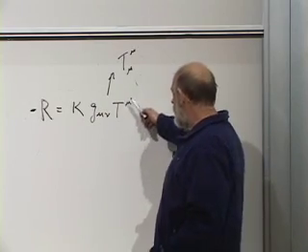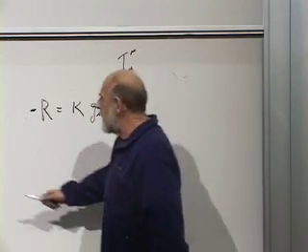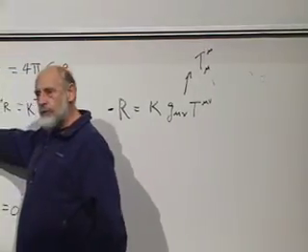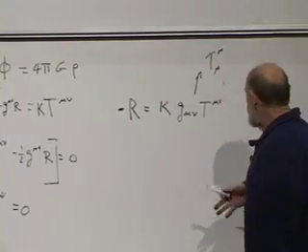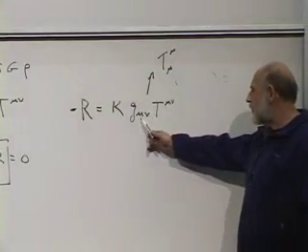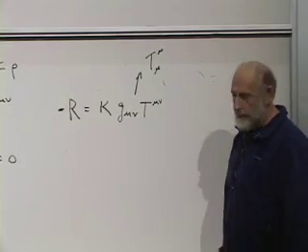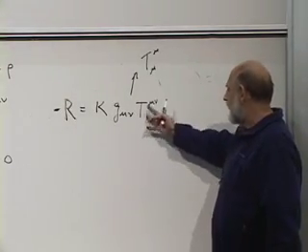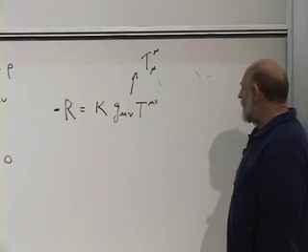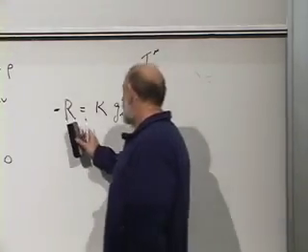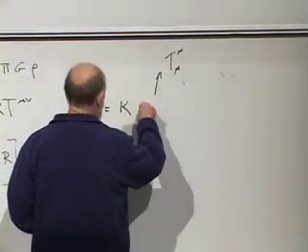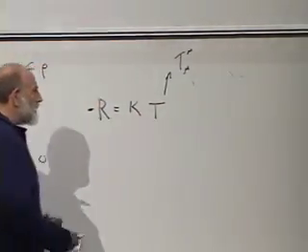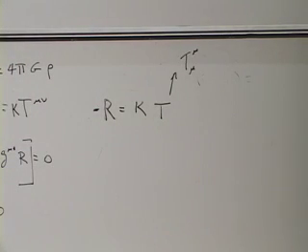And the metric tensor, and it's just called T, in the same way that when you contract R mu nu with g mu nu, you get just plain old R. It's a standard notation. When you contract a tensor with g mu nu, the resulting scalar carries the same letter that the tensor started with. So what do we have then? We have minus R equals kappa times T, where T is made up out of the energy momentum tensor by contracting it with g mu nu.